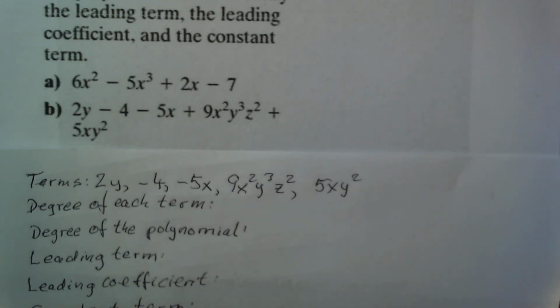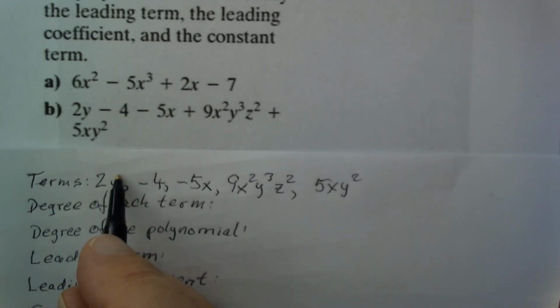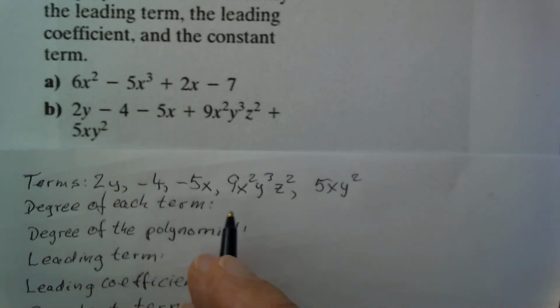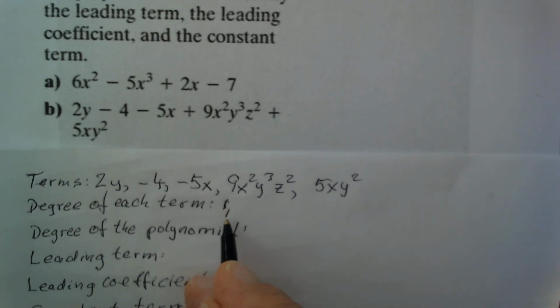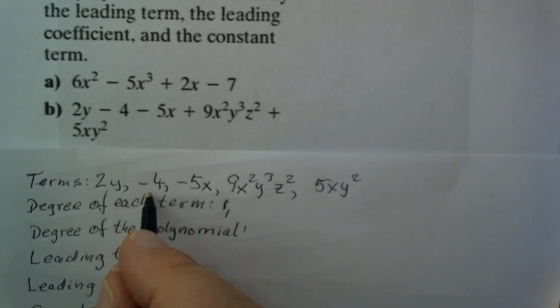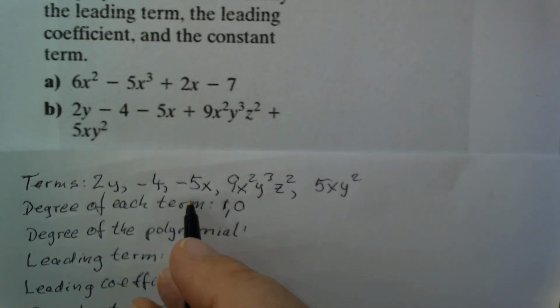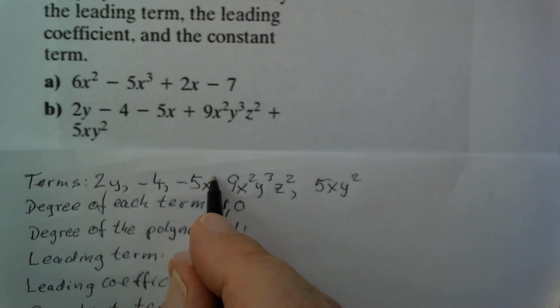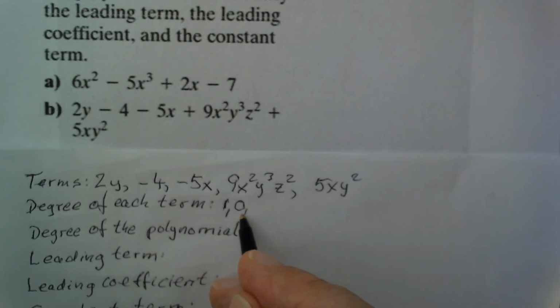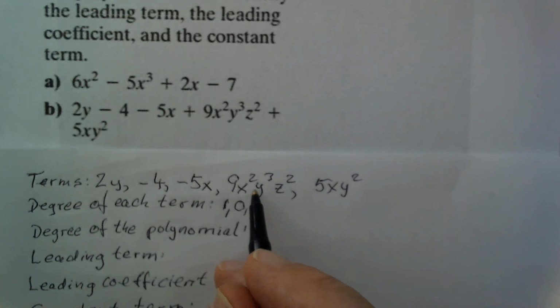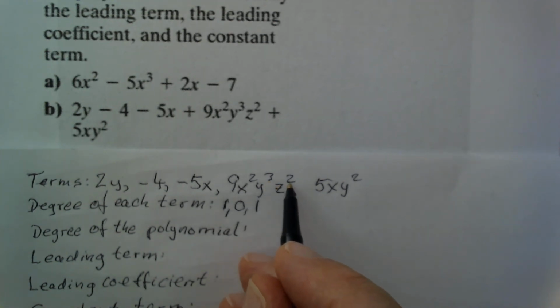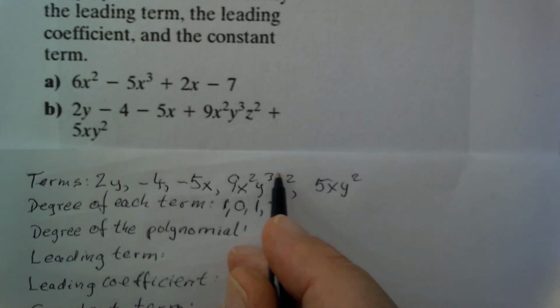Now the degree of each term, so it's pretty easy here. So for the first term, the degree is 1, y to the first power. And then here's a constant term, and remember the degree of the constant term is 0. And the degree of minus 5x would be x to the first power, or 1. Now when we have several variables, we add the exponents. So 2 plus 3 is 5, plus 2 is 7. So this term has degree 7.